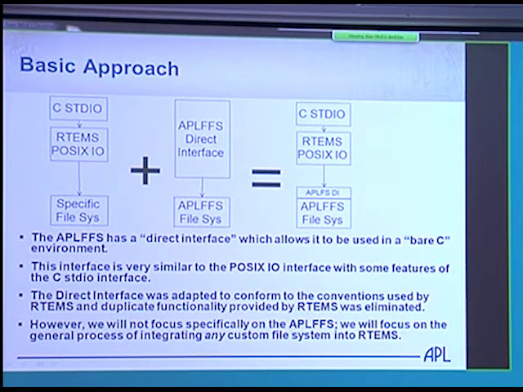And so what we do is we take that direct interface and we squeeze it down and remove the redundancies that exist in the RTEMS POSIX I/O library, the features that are already there, and make that direct calling interface actually conform to the file system library interface that is supported by RTEMS.